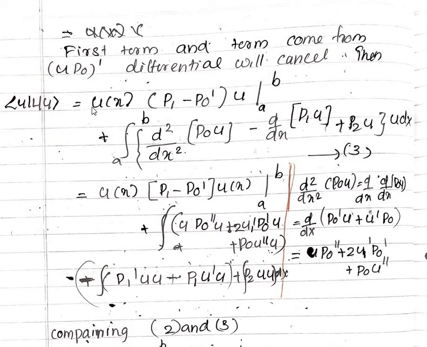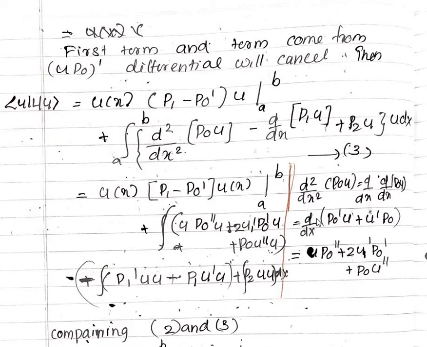So u into Lu, you will get u of x p1 minus p0 dash u between the limit a and b plus integral a to b d square by dx square p0u minus d by dx of p1u plus p2u into u dx. So when we do this differentiation, d square by dx square p0u is equal to d by dx of p0u.